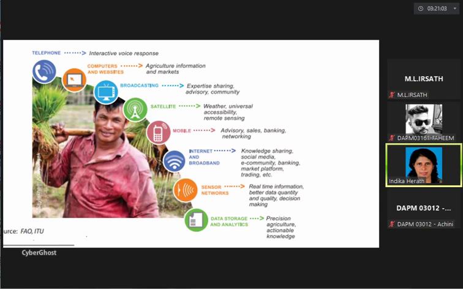That kind of thing can be done with free resources. But for advanced applications, we need a high level of technology like sensors, satellite images, and the use of GPS and GIS technology, right?